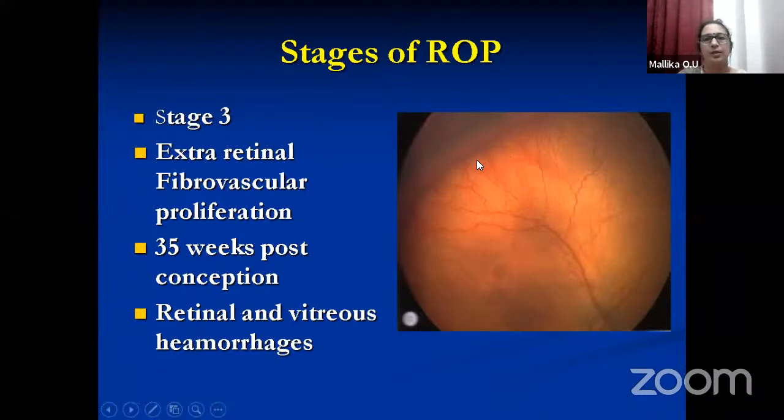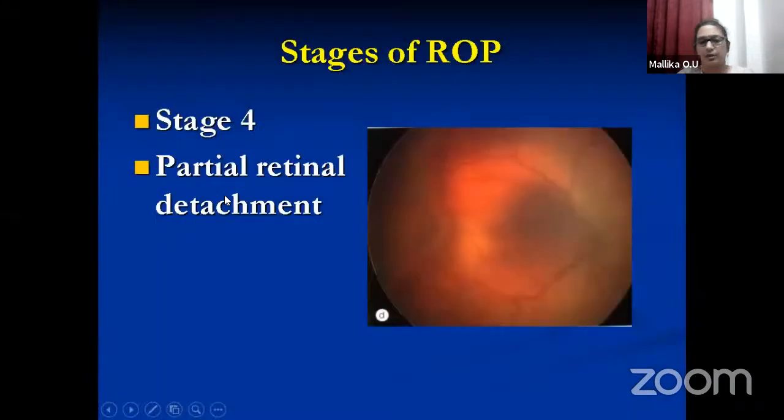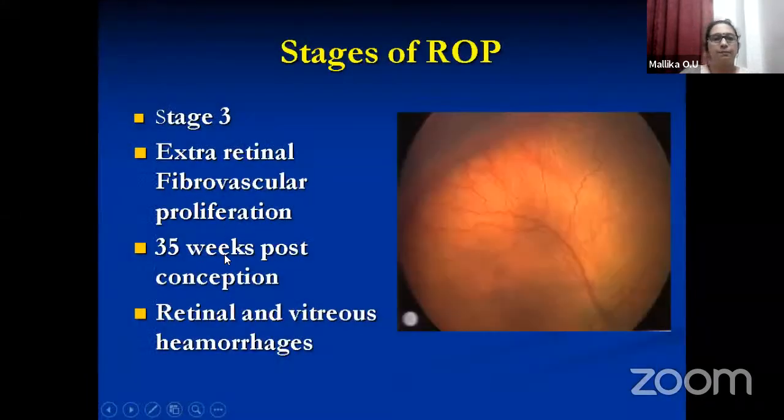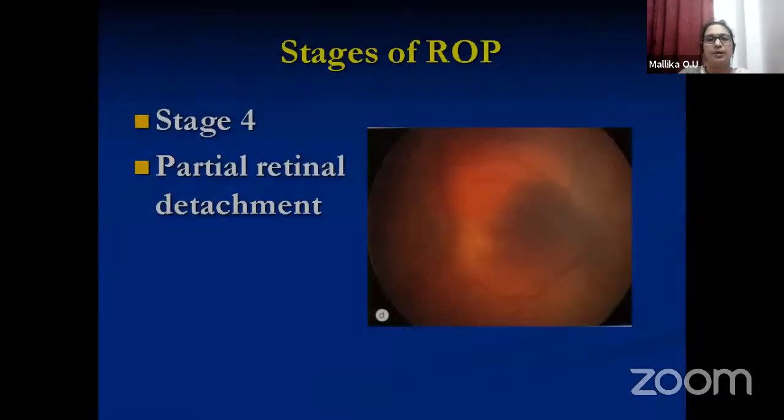So usually this occurs after 35 weeks of post-conception. And these abnormal blood vessels can lead on to hemorrhages into the retina and also into the vitreous cavity, leading on to retinal hemorrhage and retinal detachment.